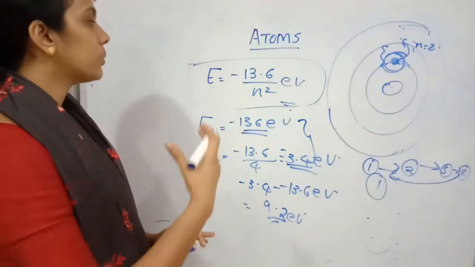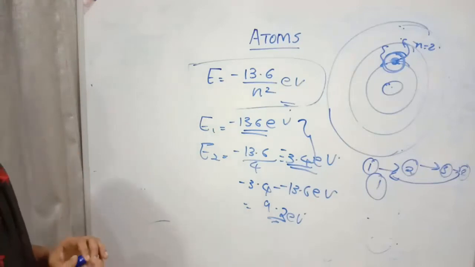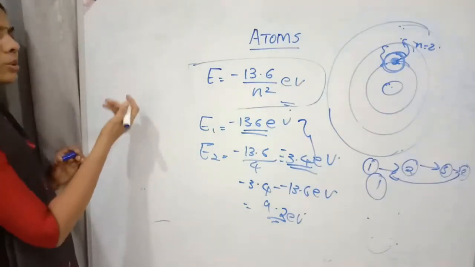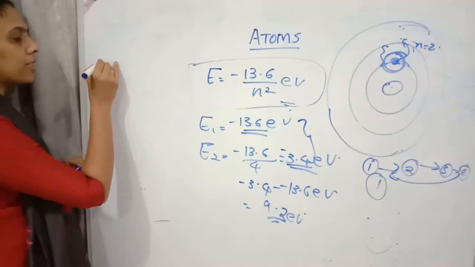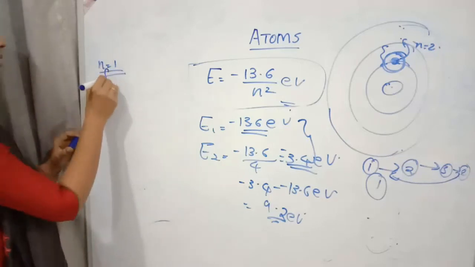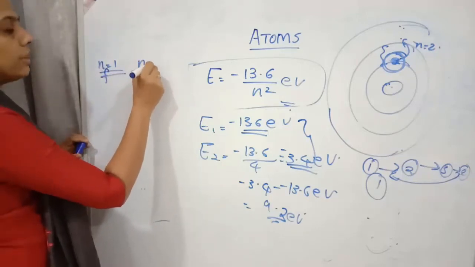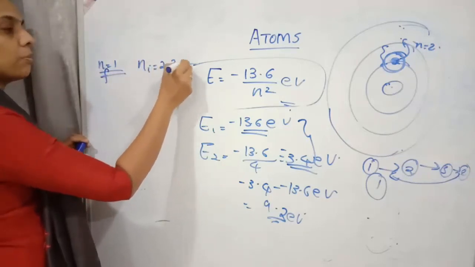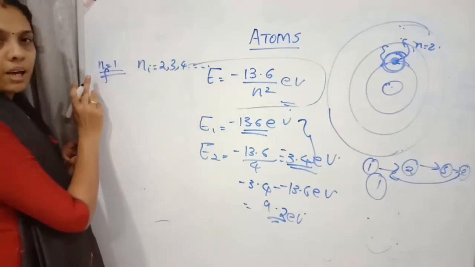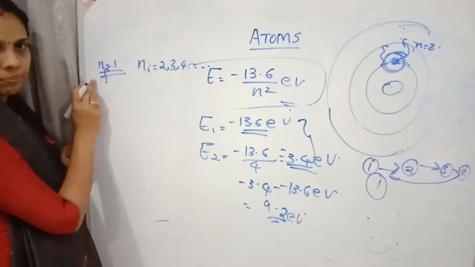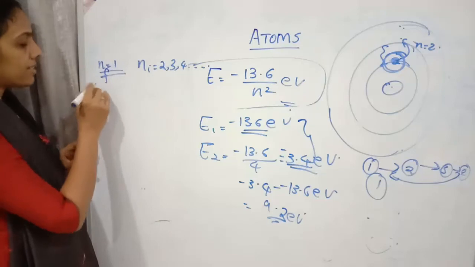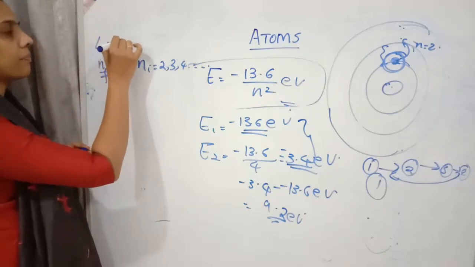So then next we are going to find out how these line spectra will be happening. So suppose the electrons are coming back to the first orbit, okay, this is the final one. Initially maybe it will be in the second position, third position, fourth position, or any other position, and finally it is coming back to the first position, first orbit. Then that kind of series is called the Lyman series.